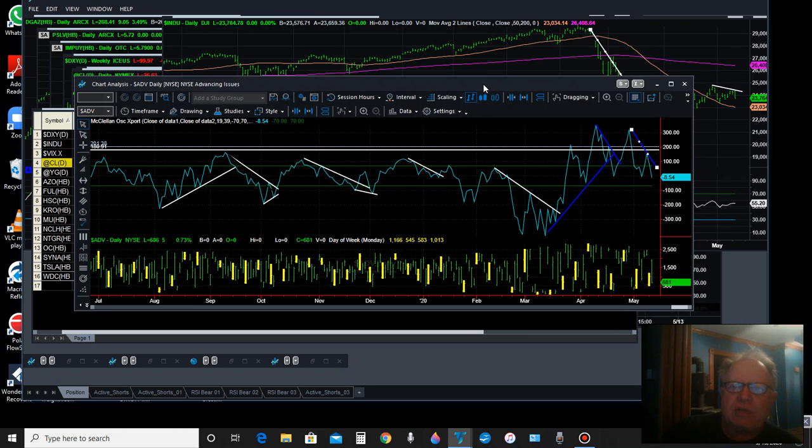The very unstable nature of our current market due to the virus is causing things to be really unstable. But the bottom line is we had a rally here above the zero line, and it has exhausted itself. And that's what the McClellan Oscillator shows.